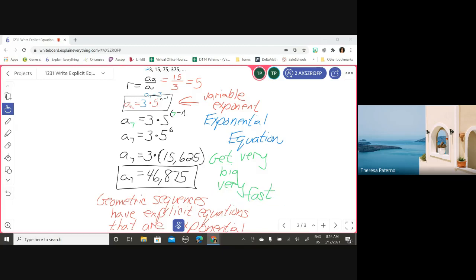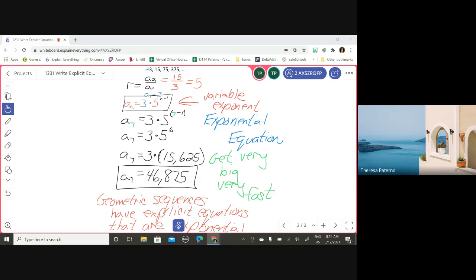You may have commonly heard the expression, something increases exponentially. It gets very big very fast. Coronavirus grows exponentially. It gets very big very fast, or it has the potential to if there isn't social distancing. That's going to be important as we go into the next thing that we're learning: exponential equations get very big very fast.